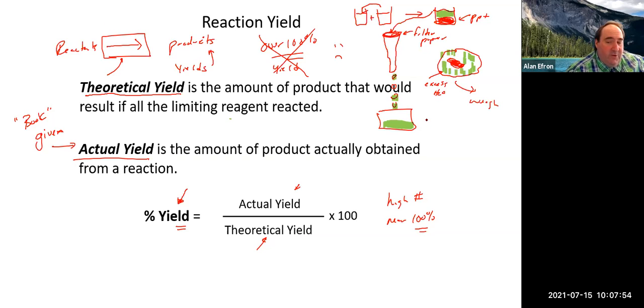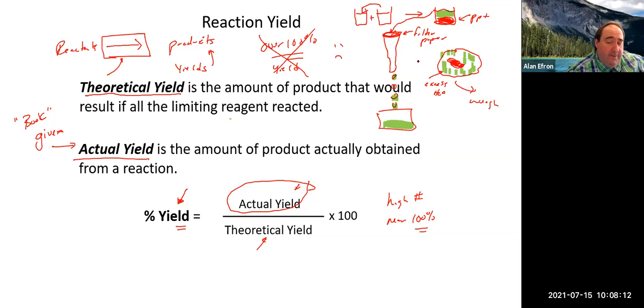So you have all that extra water weight, which you're going to count as basically your product. And what that's going to do is make this number bloated with water, if you will, too big, and you will end up with over 100% yield, and you technically did the experiment badly.